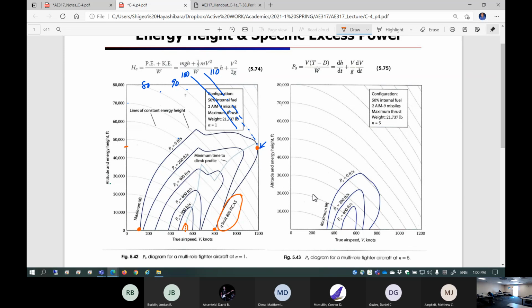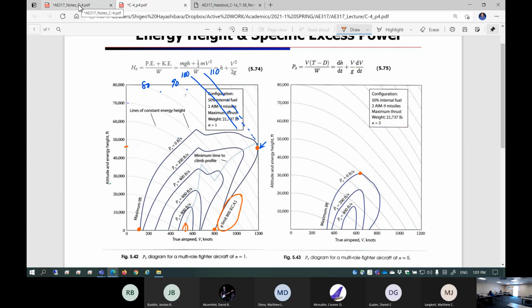What is the maximum altitude this airplane can sustain at a 5G turn? Right here. Corresponding to a little bit more than 30,000 feet, and 600-some knots.